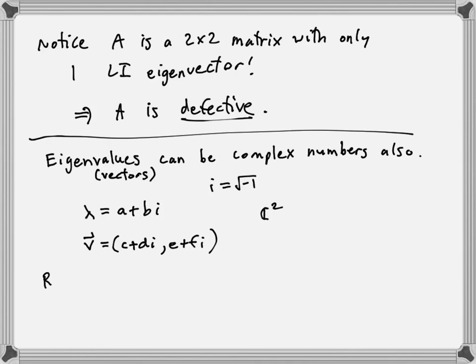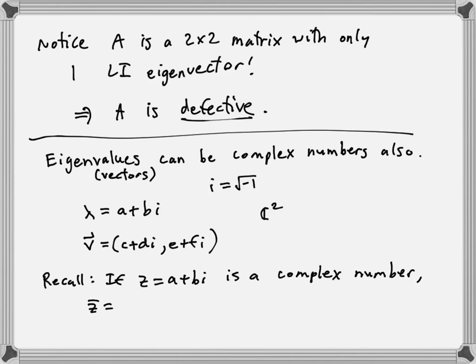So recall, if z is equal to a plus bi is a complex number, z bar, which is just going to be a minus bi, is called the complex conjugate of z.